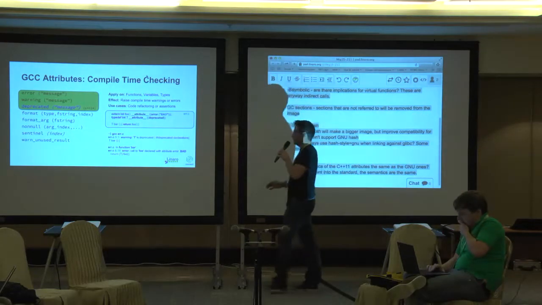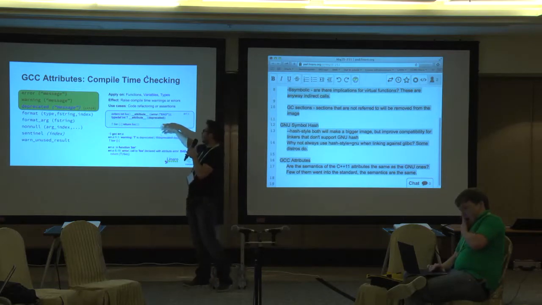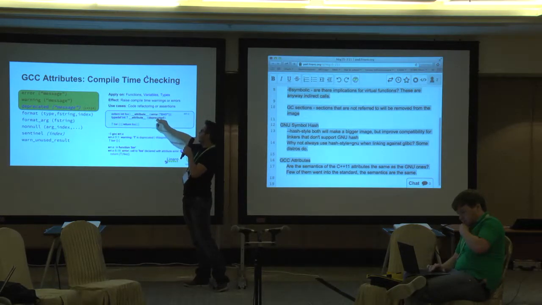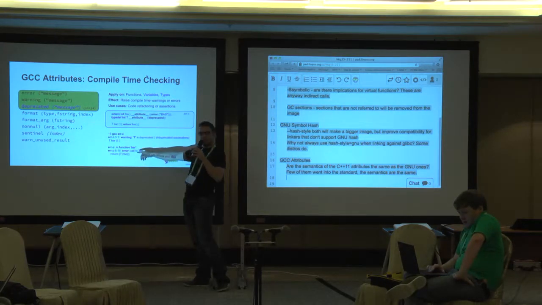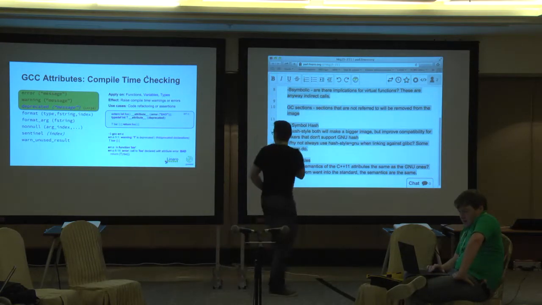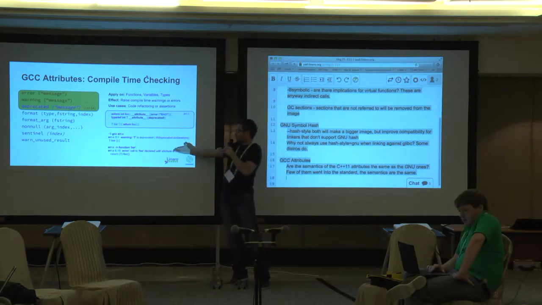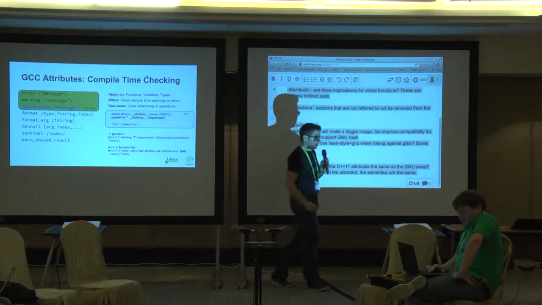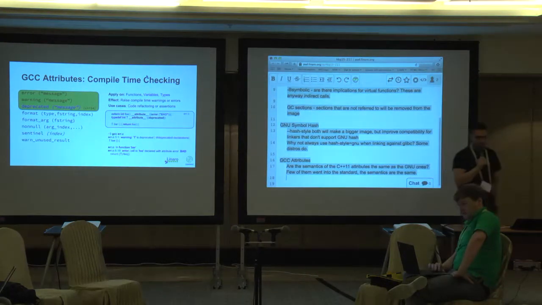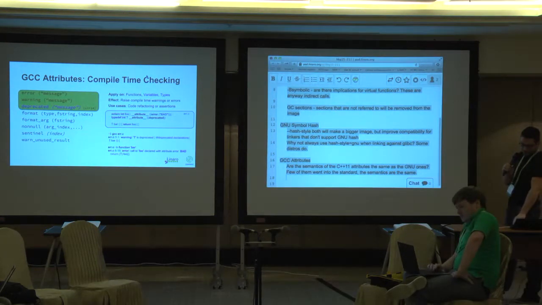For instance, here we have a small code with a type that is defined as attribute deprecated, and this function is attribute error, and once we compile the code, we will have some warnings or errors raised depending on the kind of attribute.